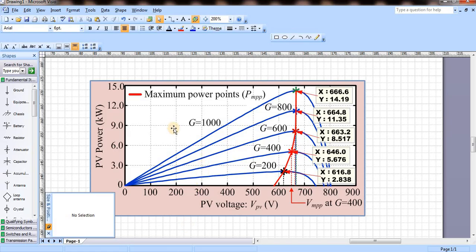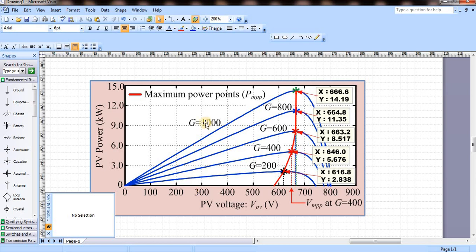Basically, the PV characteristics, power versus voltage, are non-linear, and they look like this. You can get nearly 3 kilowatt at nearly 110 or 120 volts.